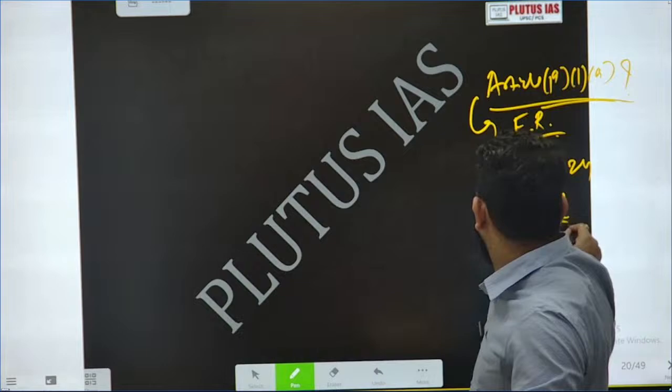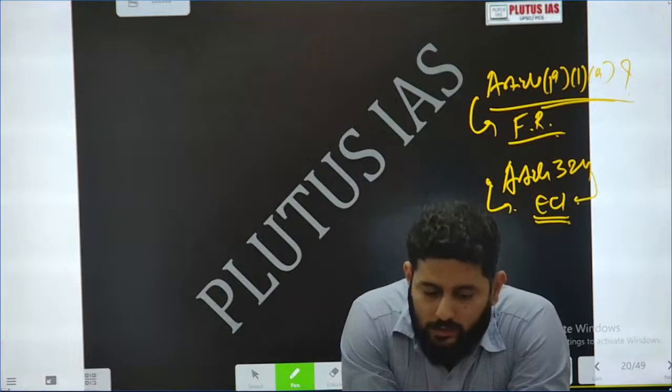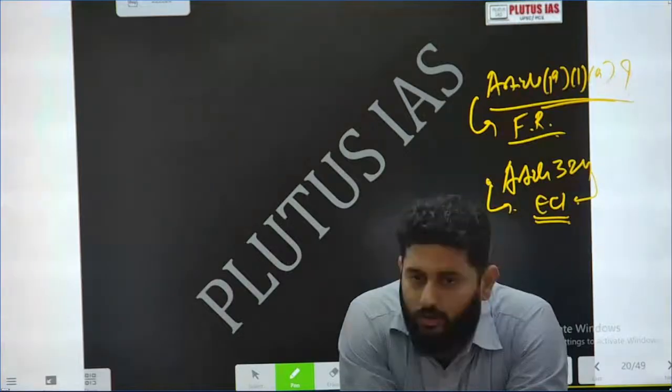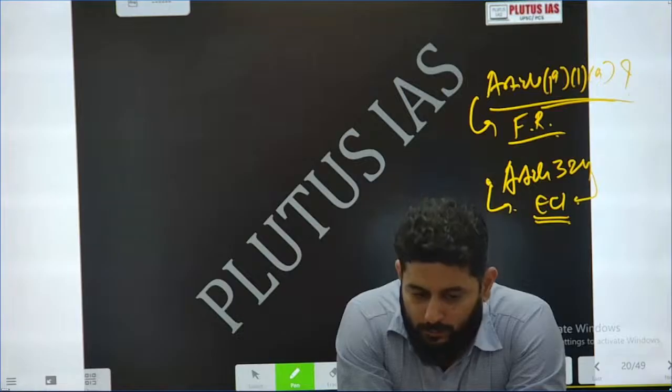ECI is directly involved in these things because it is the duty of ECI to direct the elections, all the dates, qualification, disqualification, all done by the Election Commission.